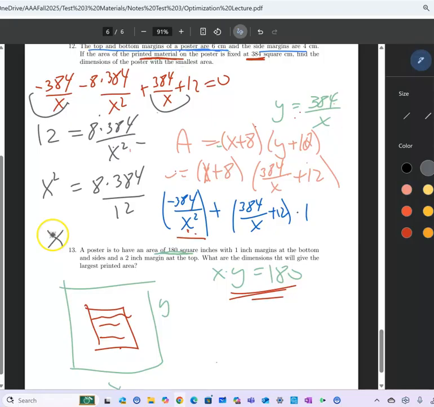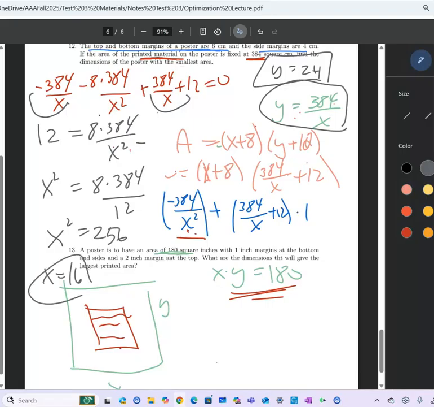All right, so using the calculator, I get x squared is 256. Oh, will you look at that? So x is 16. So then if I wanted to find the y value, I'd plug it into here. So 384 divided by 16 gives me 24. So there it is, 24 by 16 for this problem, right?